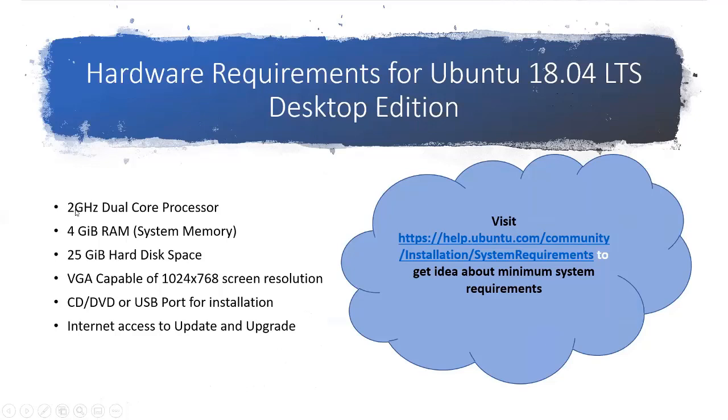These are the minimum requirements: a 2 GHz dual core processor, 4 GB of RAM, random access memory, that is system memory, at least 25 GB of hard disk space, VGA capable of 1024 by 768 screen resolution, a CD/DVD drive or USB port for installation, and internet access to upgrade and update.